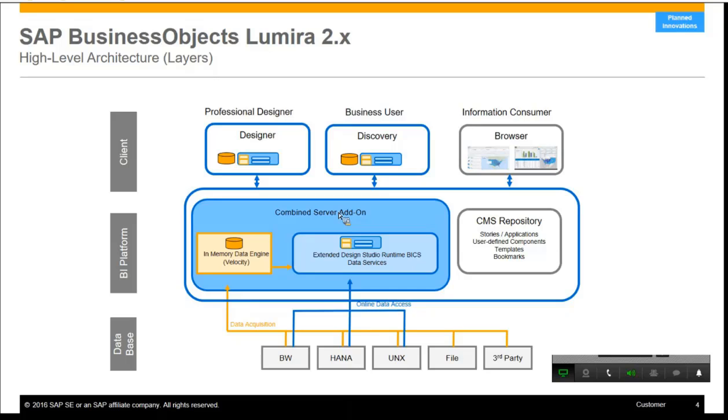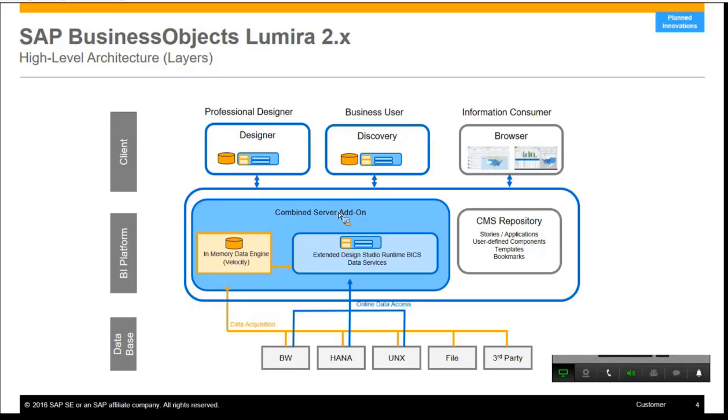In Lumira 2.x, we are bringing the velocity engine and BIX together on a common runtime, which can be utilized by both client experiences, that is Discovery and Designer.